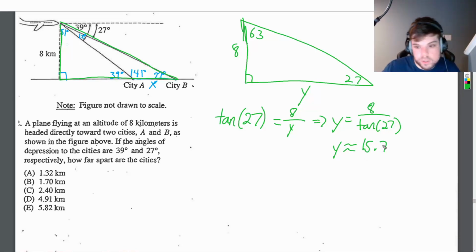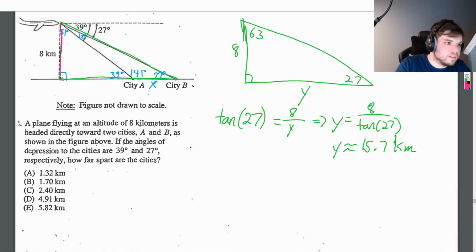It's 15.7 something, so I'm just going to say 15.7 kilometers. Okay. So y is 15.7 kilometers. And there's another triangle here. Right here.